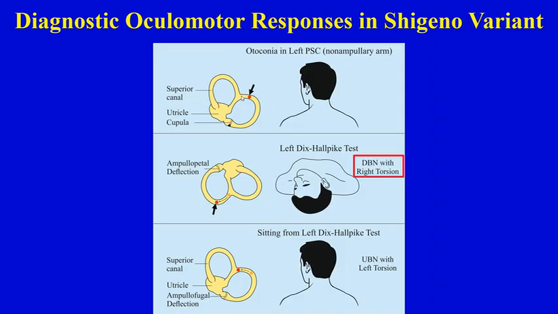And when the patient is made to sit, the debris moves ampulofugally. So you see upbeat nystagmus with left torsion. So that is what the Shigeno variant means: a reverse pattern of nystagmus compared to the typical posterior semicircular periampullary located canalolithiasis.